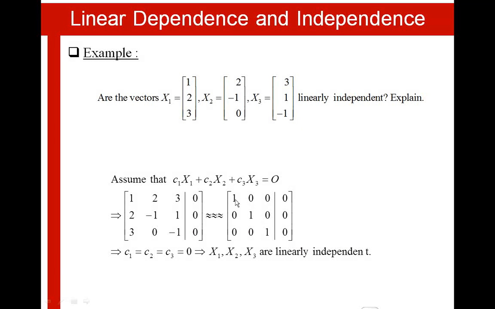And here we can see that c1 is equal to 0, c2 is equal to 0 and c3 is equal to 0.